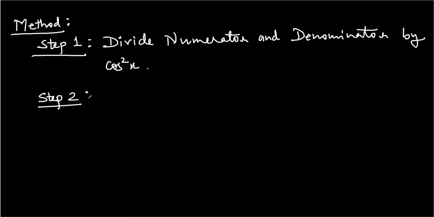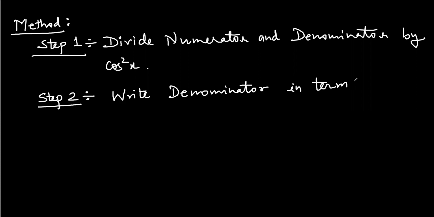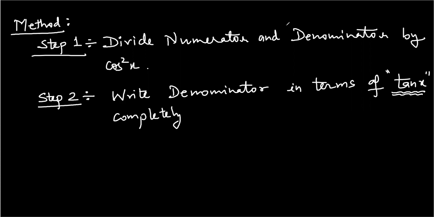Then you have step 2. After dividing numerator and denominator by cos square x, step 2 is write the denominator completely in terms of tan x, or you can say in terms of tan x and a constant.